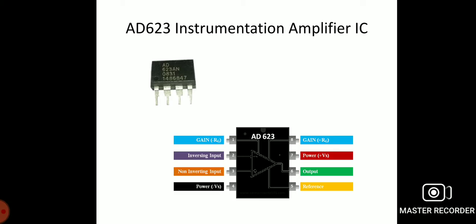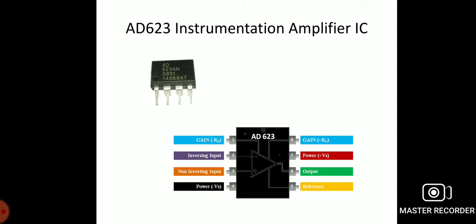It is an inverting gain terminal connected to a resistor to set the gain value, and pin number 2 is the inverting input of the amplifier, and pin number 3 is the non-inverting input of the amplifier, and pin number 4 is the negative supply terminal, and pin number 5 is the output reference input, normally connected to common, and pin number 6 is the amplifier output pin, and pin number 7 is the positive supply voltage, and pin number 8 is the non-inverting gain terminal connected to a resistor to set the gain value.